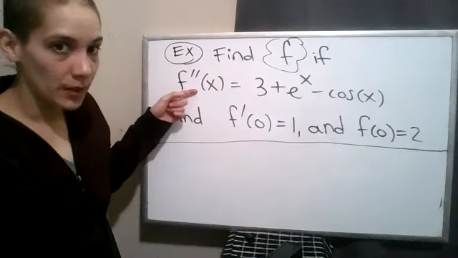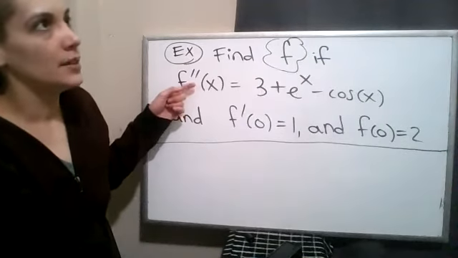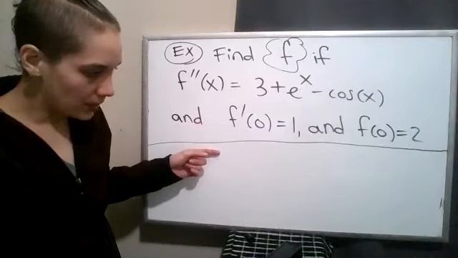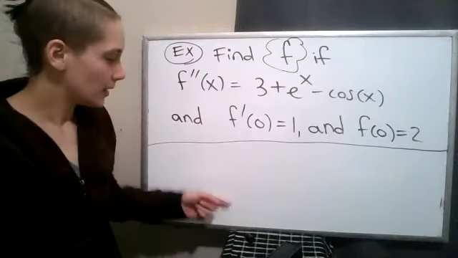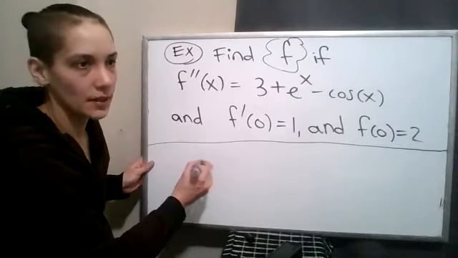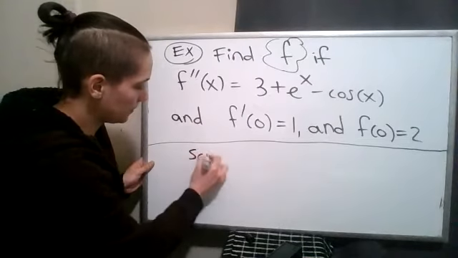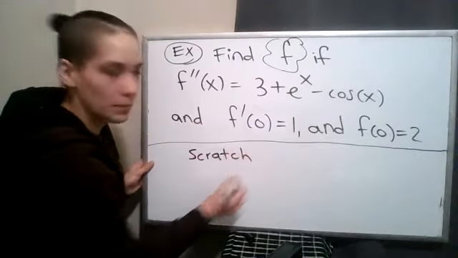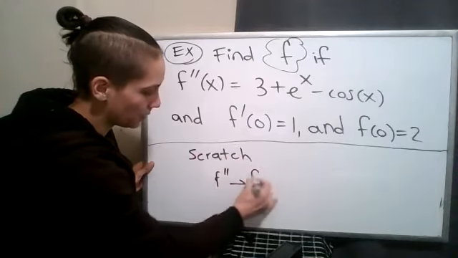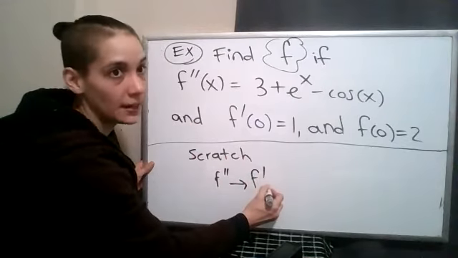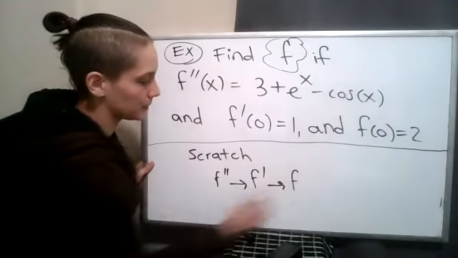So take f double prime, get an antiderivative to get f prime, and then get the antiderivative again to get to f. So big picture, you're going to have f double prime, then find f prime, and then find f.